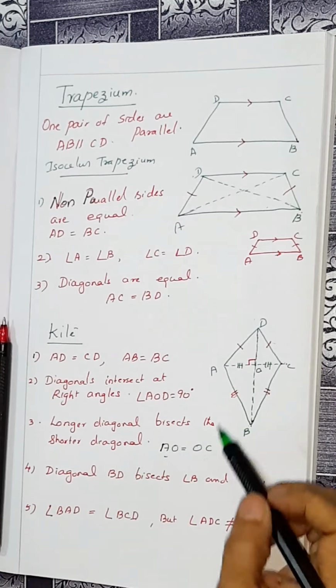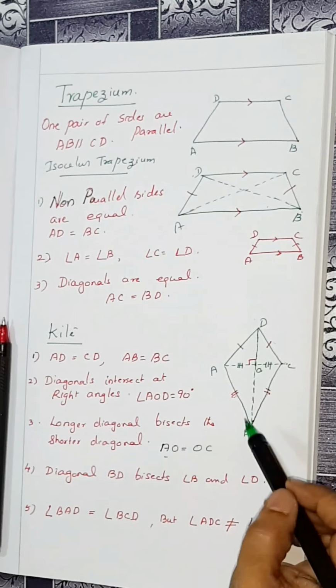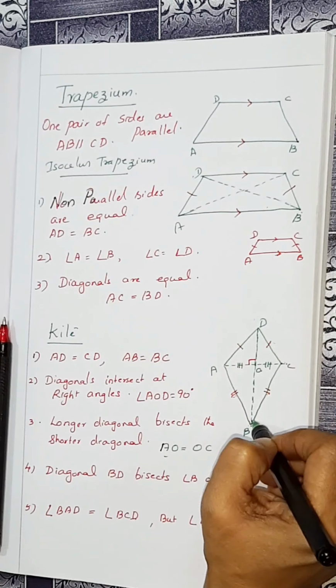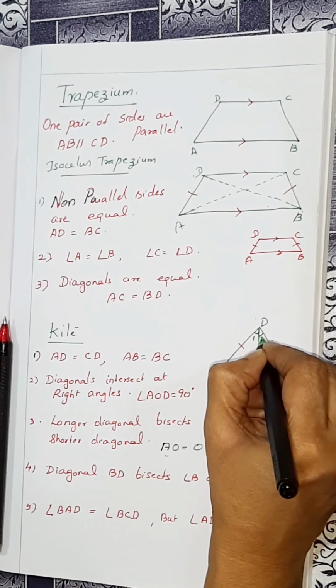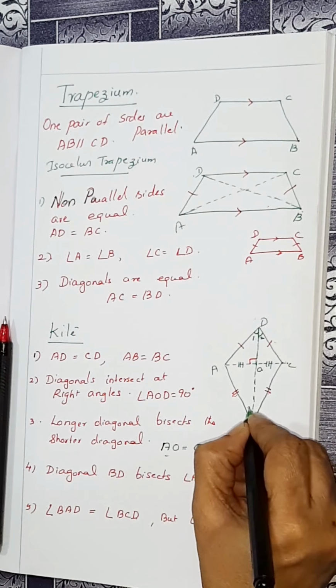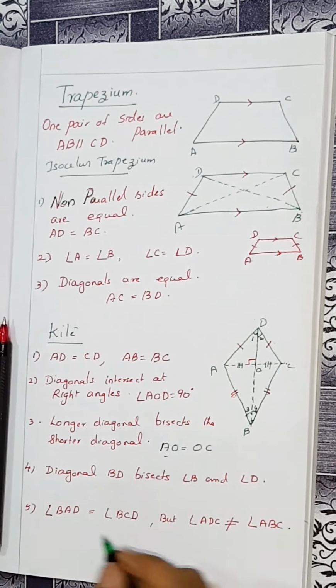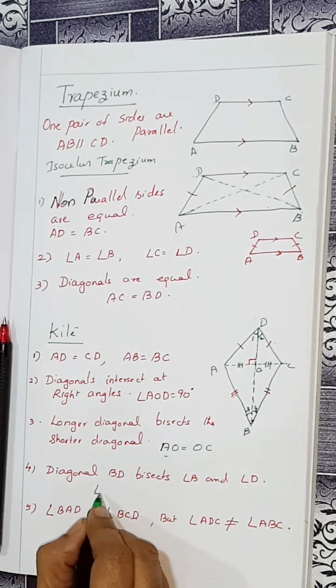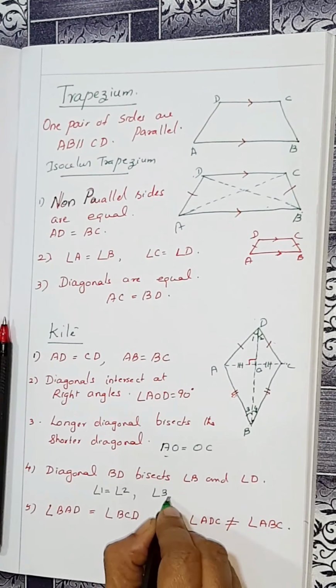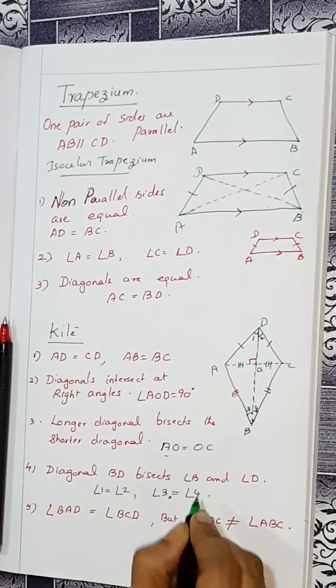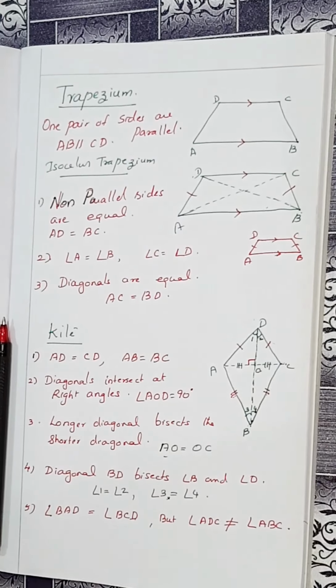Now the diagonal BD bisects angles B and D. So suppose I write this as angle 1 and this is angle 2, angle 3 and angle 4. So I can say angle 1 is equal to angle 2 and angle 3 is equal to angle 4.